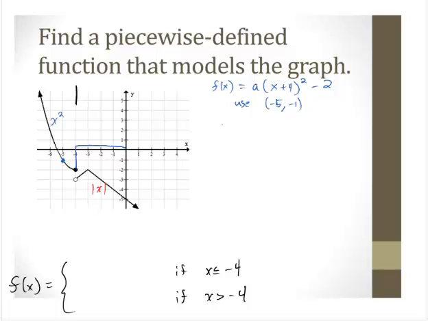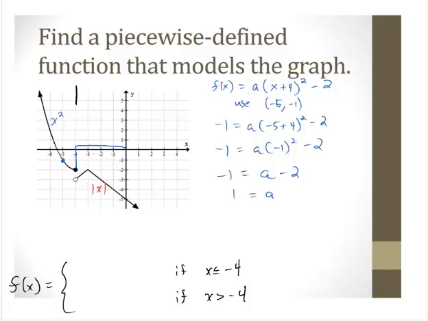So then we would have -1 is a by -5 plus 4 square minus 2. -1 is a by -1 square minus 2. -1 squared is 1, so -1 is equal to a minus 2. Add 2 to both sides, and a is 1.